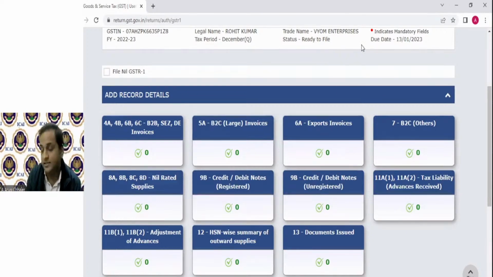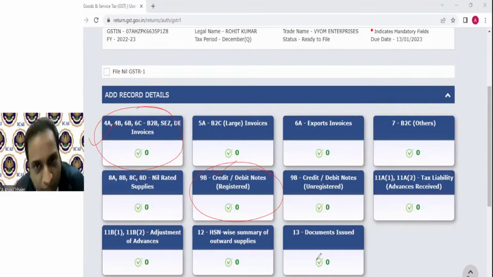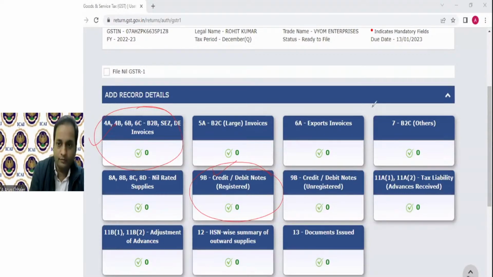The answer is: registered outward supply and debit credit note to the registered. Only these two tables will come in the IFF because they pertain to the registered party. Correct? Please give me the answer.